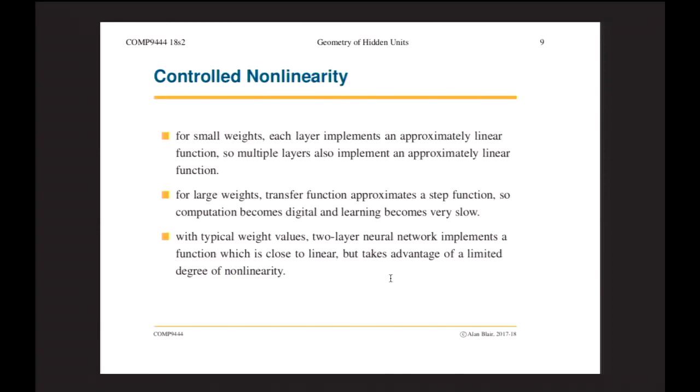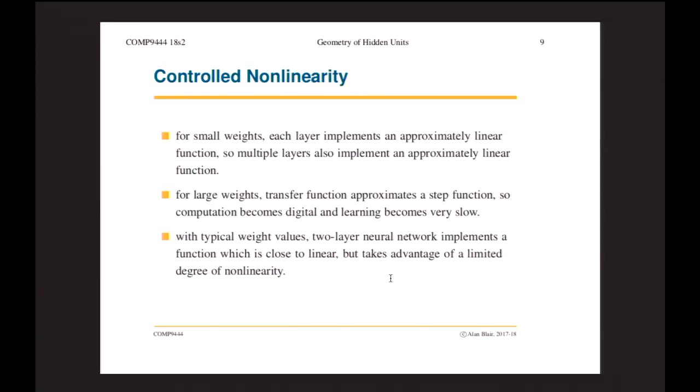What else can we say? So when the weights are small, remember this activation function, at least these sigmoid or tanh functions that we've talked about so far, for small values of the weights the function is approximately linear. And so the whole network is implementing an approximately linear function.